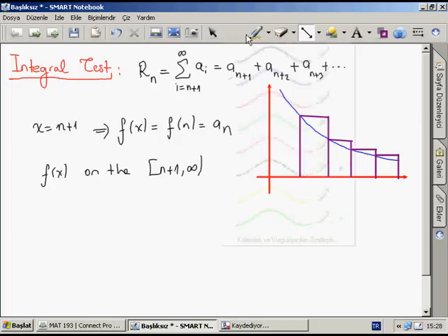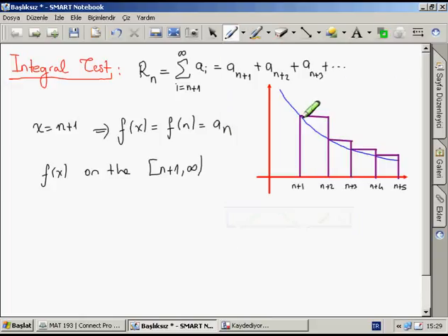Okay. n plus 1, n plus 2, n plus 3, n plus 4, and n plus 5. Okay, and these are the green shaded rectangles.